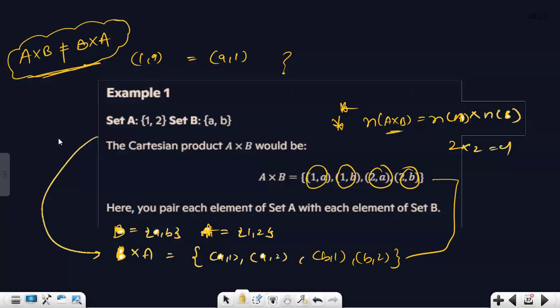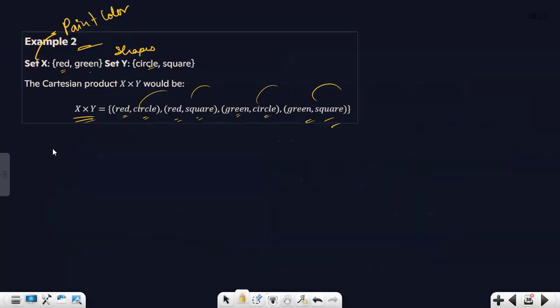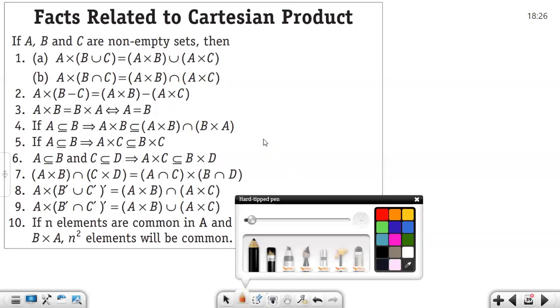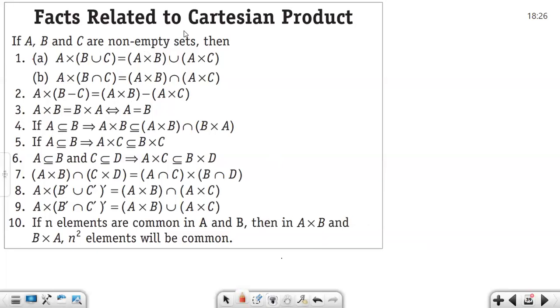So let's now discuss some facts related to Cartesian products, like the properties. A cross (B union C) is equivalent to (A cross B) union (A cross C).